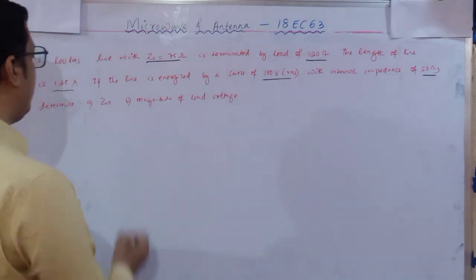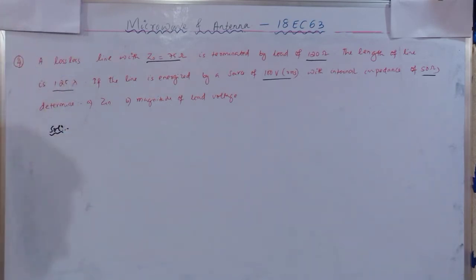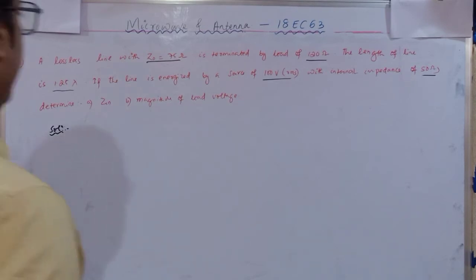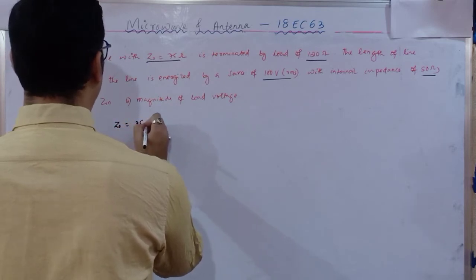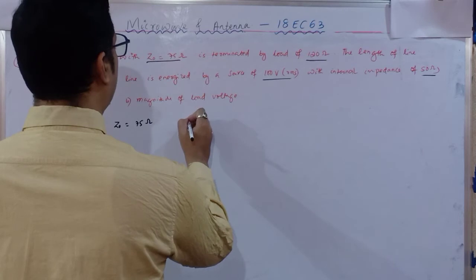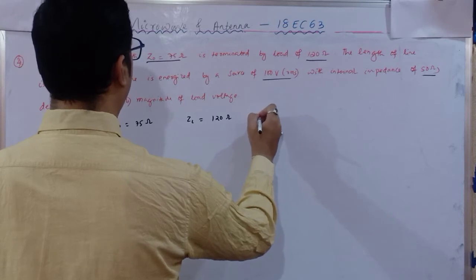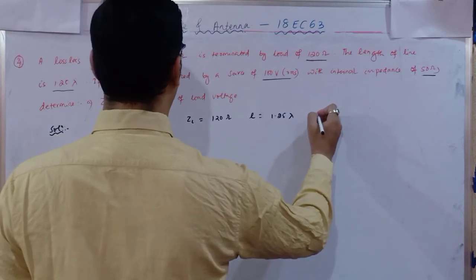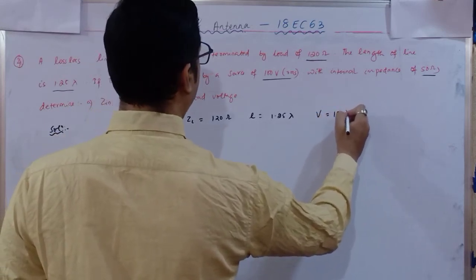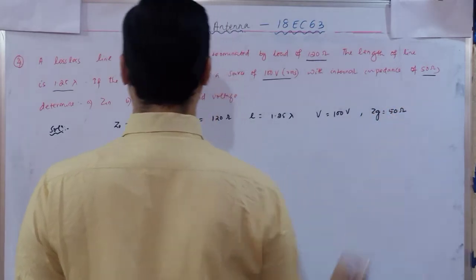So how to proceed? First of all, with the help of the given details, Z0 is equal to 75 ohm, load is given as 120 ohm, length of the line is 1.25 lambda, source potential is 100 volt, and Zg is given as 50 ohm.